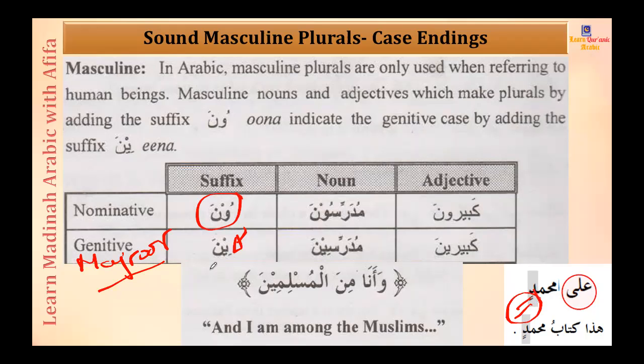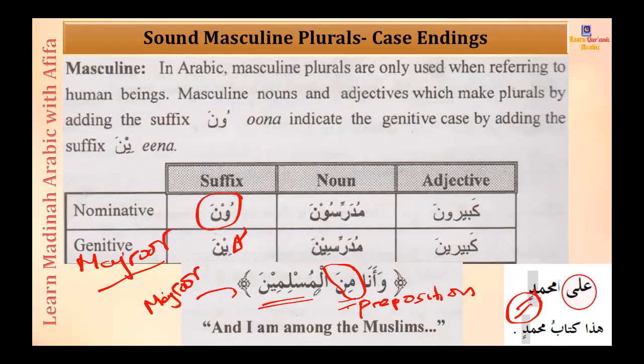Versus look here. Min is also a preposition. It can mean from, or here it means among. Ana minal muslimin. So because a preposition preceded this word, Muslims, plural masculine, this word is supposed to be in the majroor case.